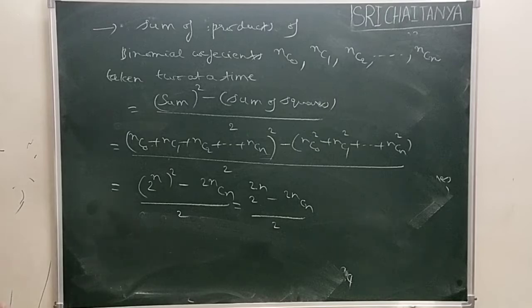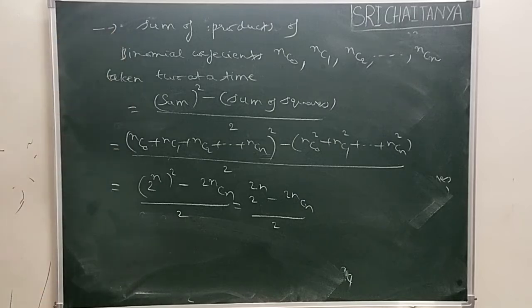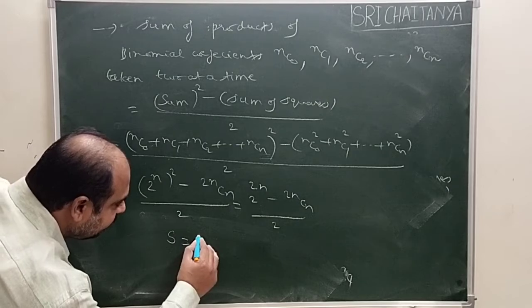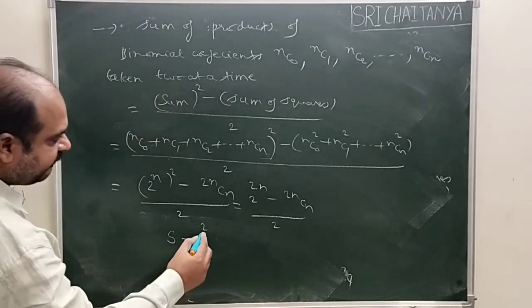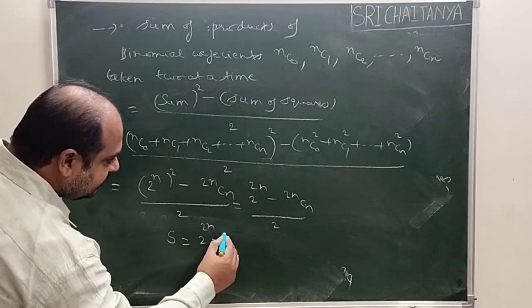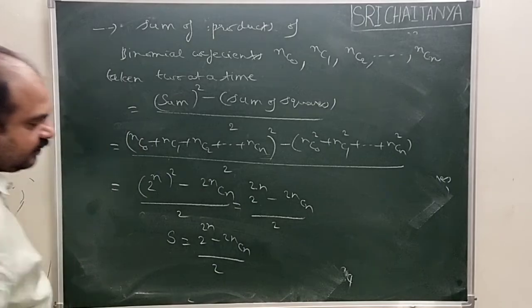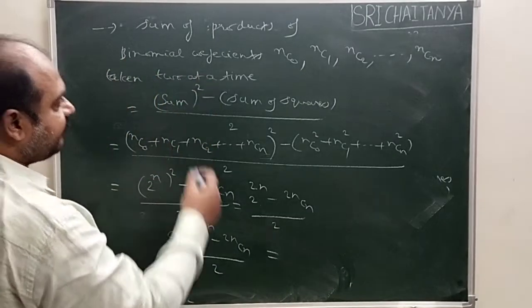So this is the formula for the sum of products of binomial coefficients taken 2 at a time. Remember this as S. S means the sum of products of binomial coefficients taken 2 at a time.